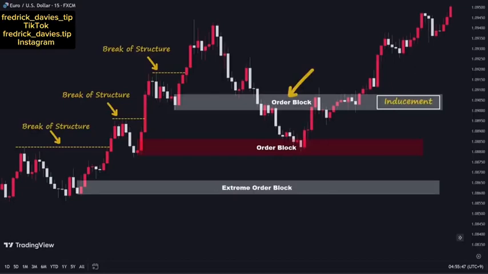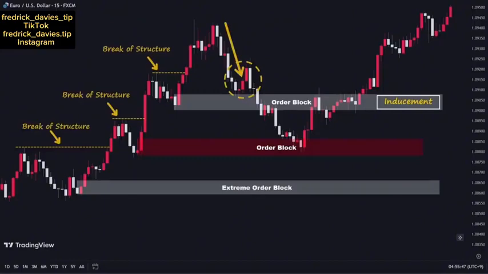As you can see, after the formation of a new higher high, the price experienced a sharp downward movement toward the upper order block. At this point, the price showed a minor reaction to the inducement zone, which was influenced by the buying pressure from traders who entered the market with the belief that the price would reverse from the upper demand zone.